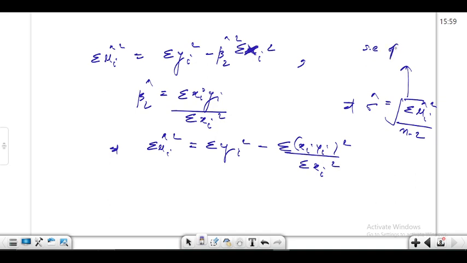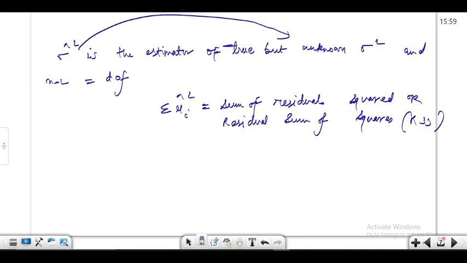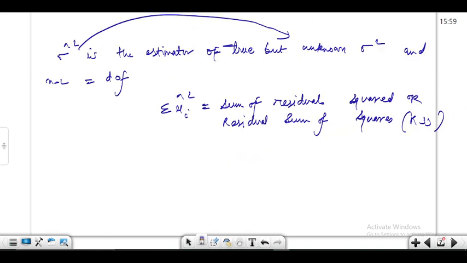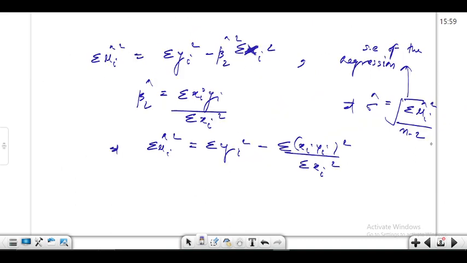It is coming from the same formula; we have just taken the square root of it and written it in terms of the square root, or standard error form. So let's move ahead.